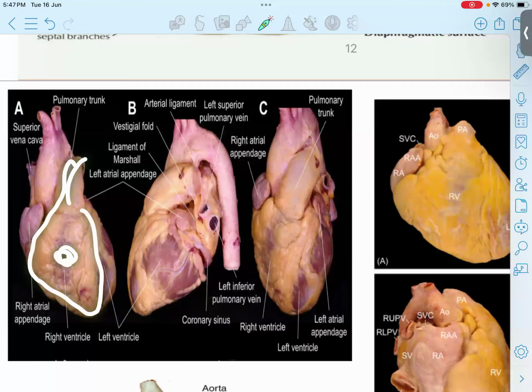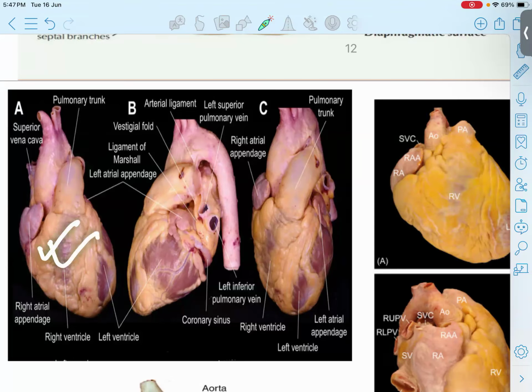So it is the right ventricle. Beside the right ventricle, you will get the left ventricle, and it is the right atrial appendage. You have to go through this. Most commonly, this anterior view is most high yield for exam. But you have to practice different angle images for concept.